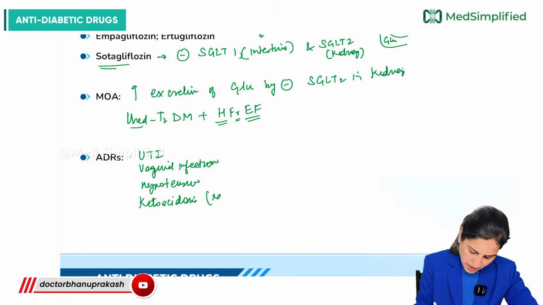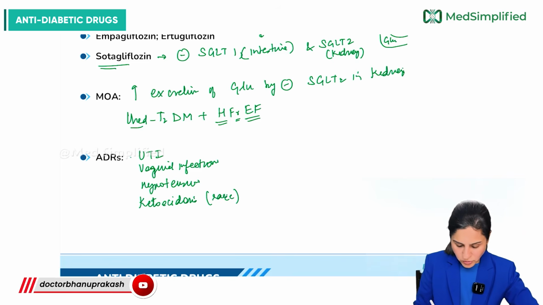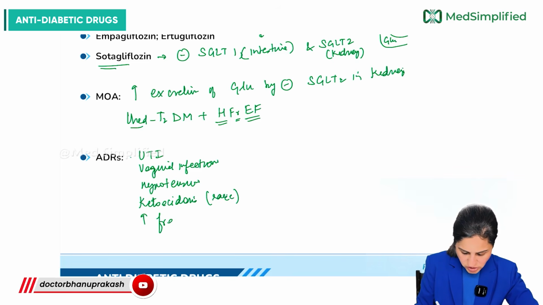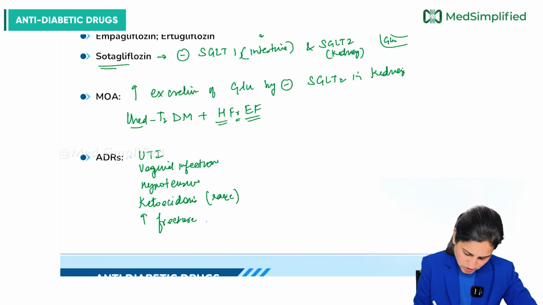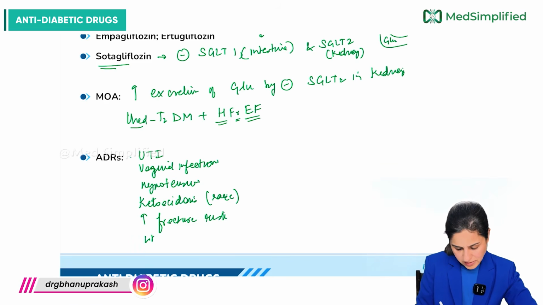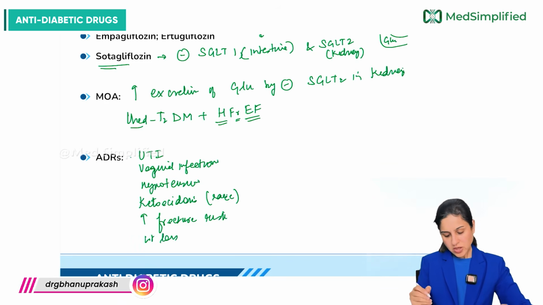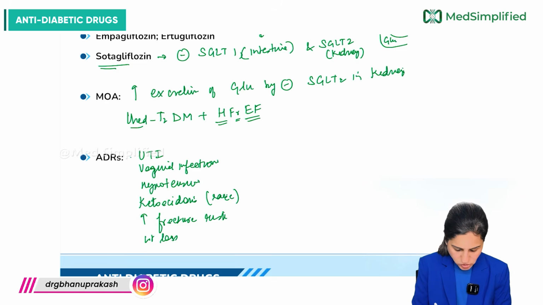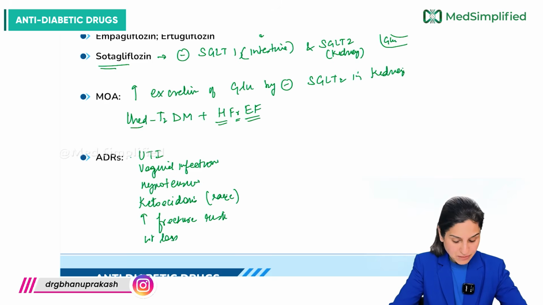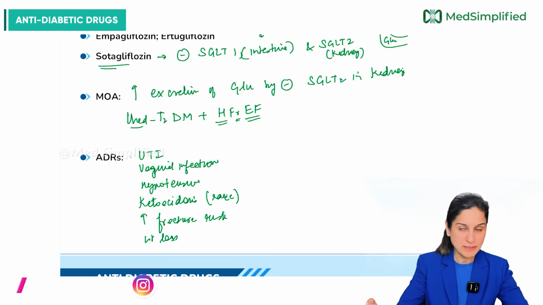Then long-term use can increase the fracture risk. It's not gender-based here, so it will just increase the fracture risk, and weight loss. So, all these things are to be kept in mind when we are studying the SGLT2 inhibitors.